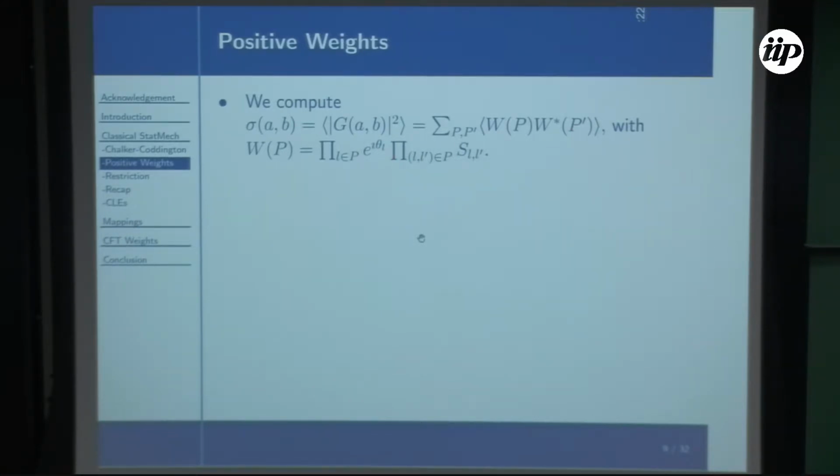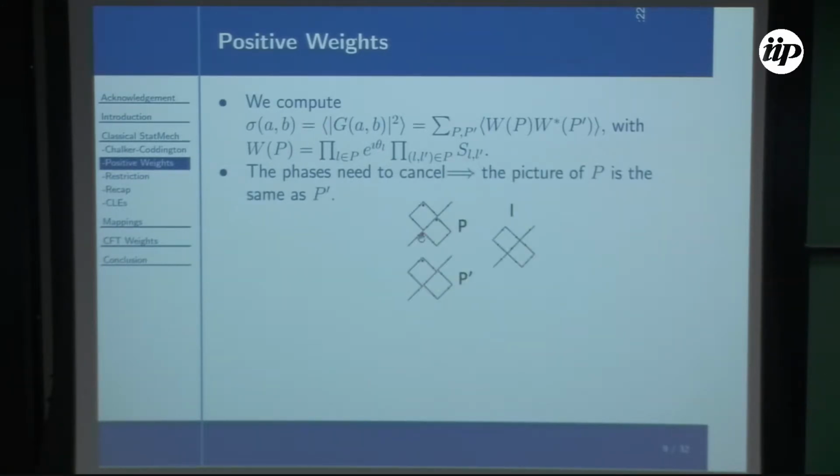Right? And the first thing one notices is that if we take two paths and we do this, unless these phases cancel between the two paths, namely unless they traverse the same links the same number of times, then we will get 0.